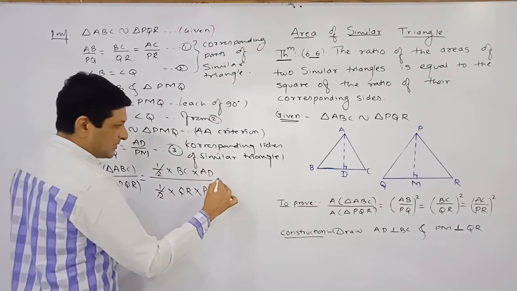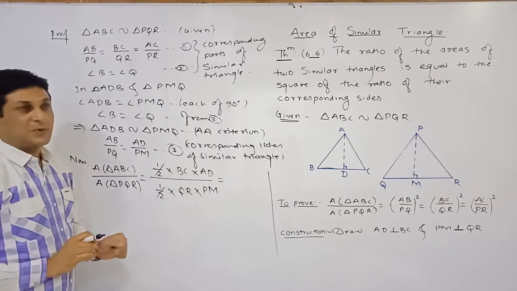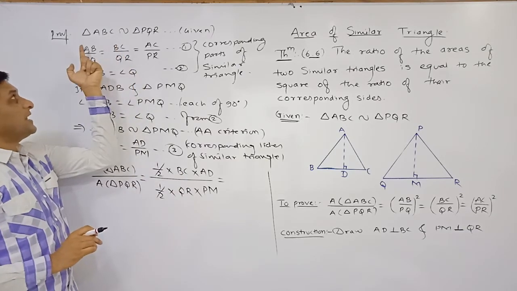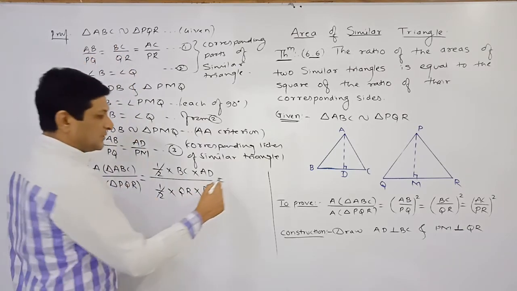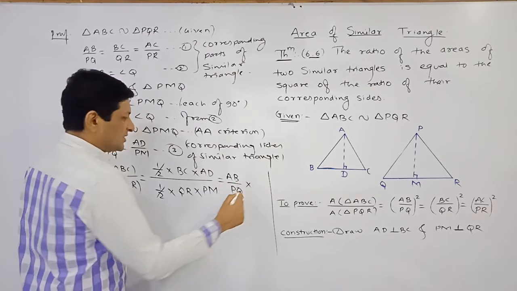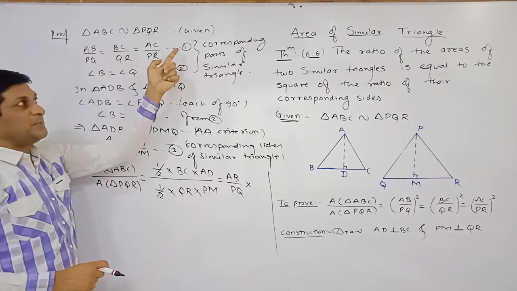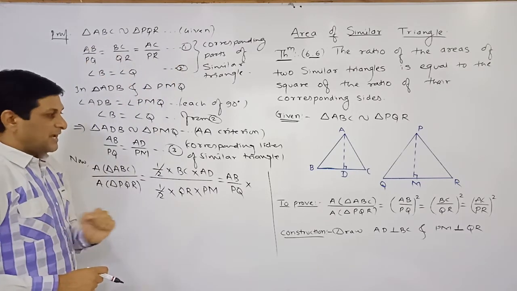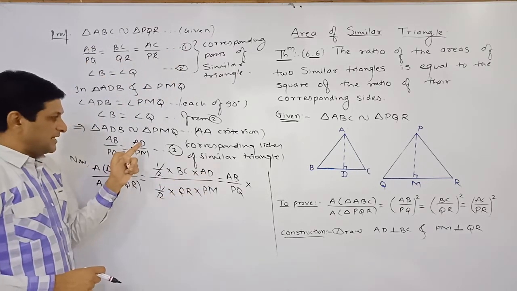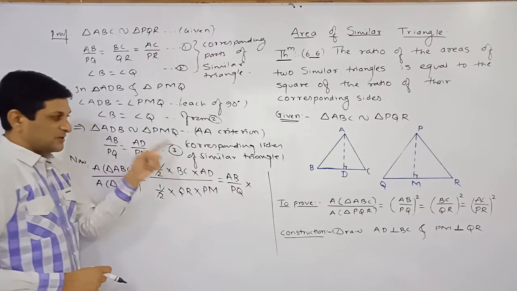So which is equal to, now observe here, this BC upon QR, can I replace it by AB upon PQ? So we are replacing BC upon QR by AB upon PQ from equation first. And AD upon PM can be replaced by AB upon PQ from equation 3.